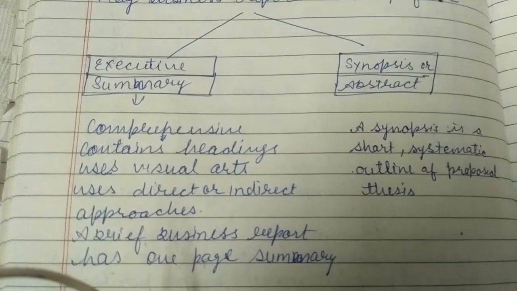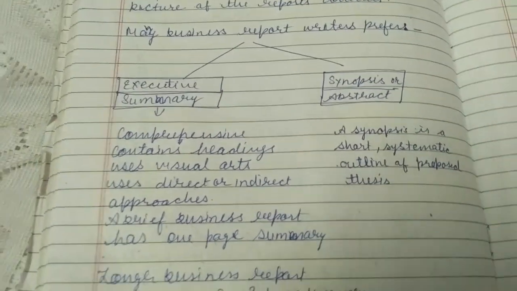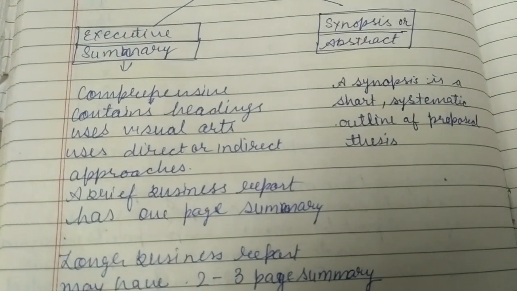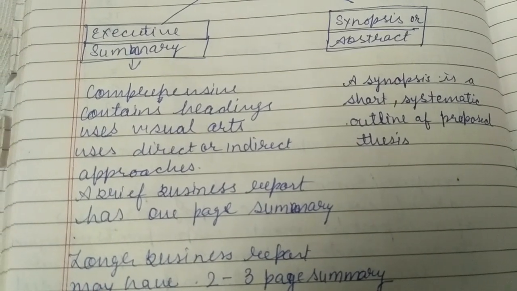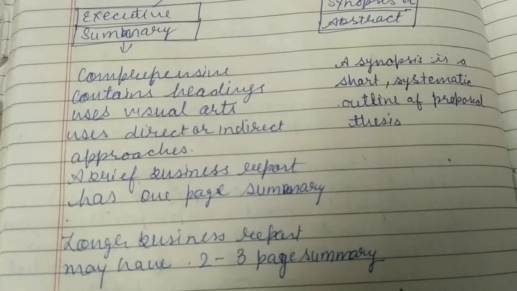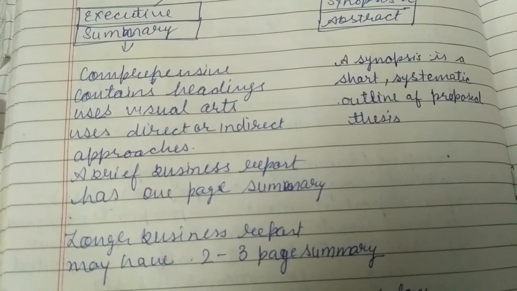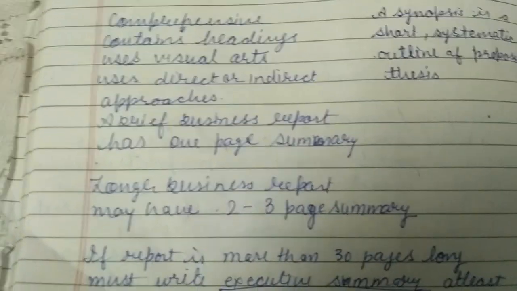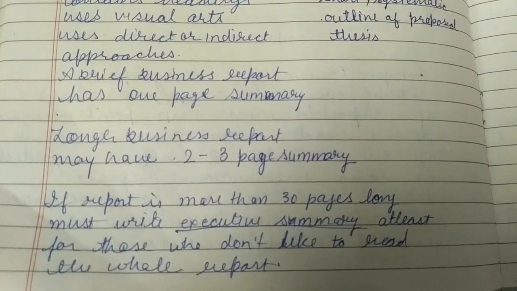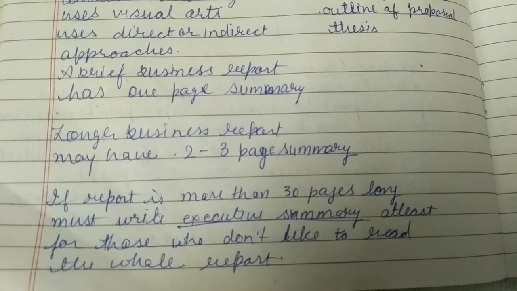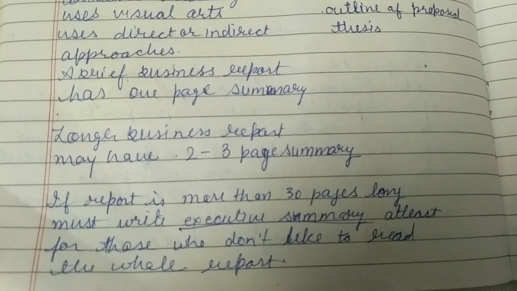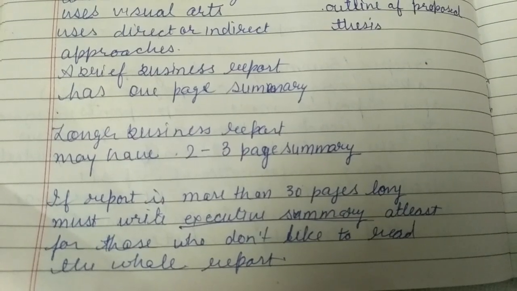A brief business report has a one page summary. If you are preparing a business report, then you can prepare a one page summary. A longer business report may have a 2-3 page summary. If a report is more than 30 pages long, then you must write an executive summary, at least for those who don't like to read the whole report.